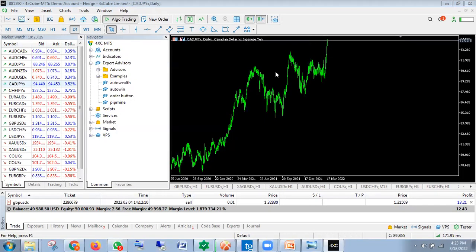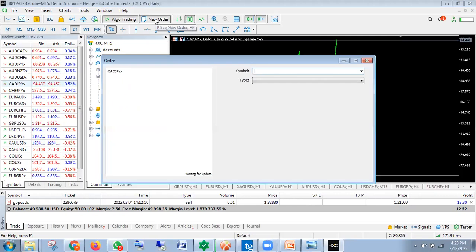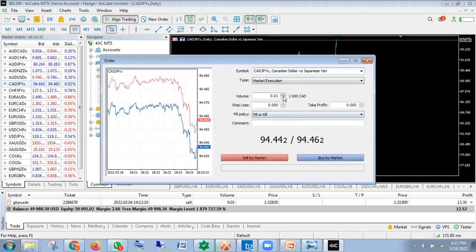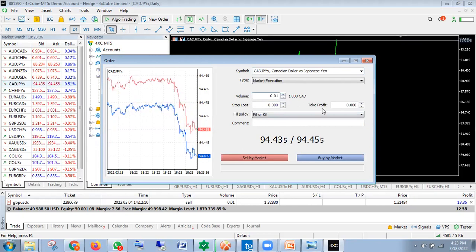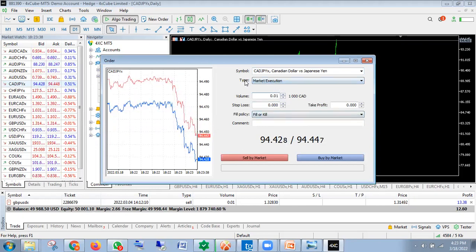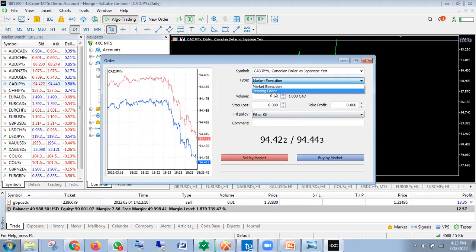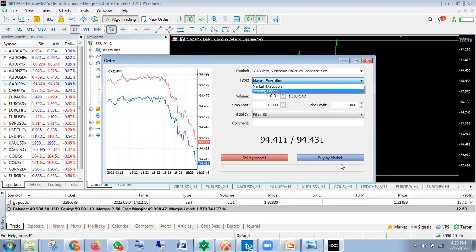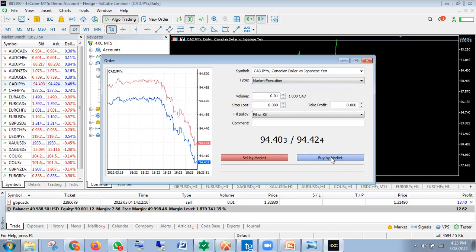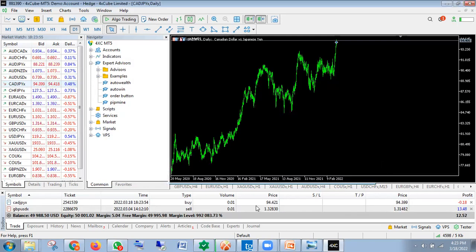Then you select your volume, your lot size. Let's assume it's 0.01. Then you come here. Do you see types of order? Both market execution and pending order. I want to use market execution, so I just click buy. Let me just buy now at the current price. Done. Do you see down here, it's executed, buy.